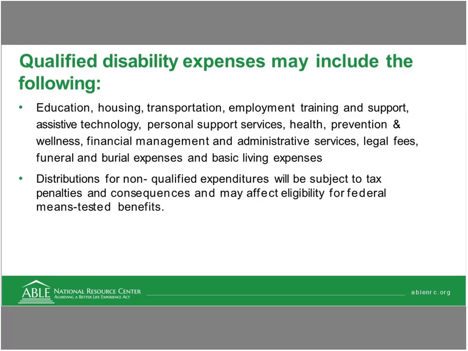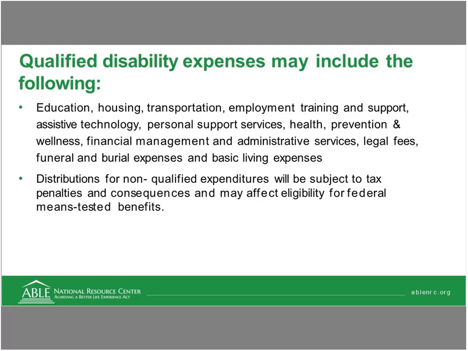And you'll see there, again, it's very extensive. It includes education, housing, transportation, employment training and supports, assistive technology, personal support services, health, prevention and wellness, financial management and administrative services, legal fees, and even funeral and burial expenses. And again, it goes so far as to also include basic living expenses. So again, very, very broad in terms of what these funds can be used for.